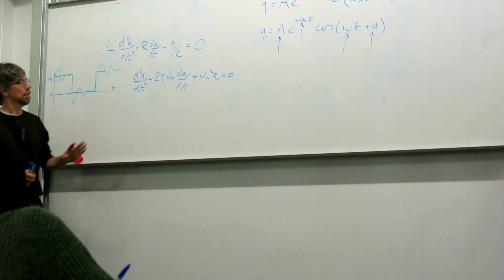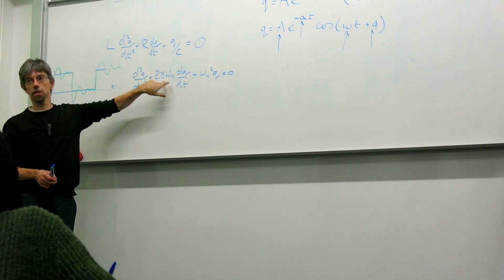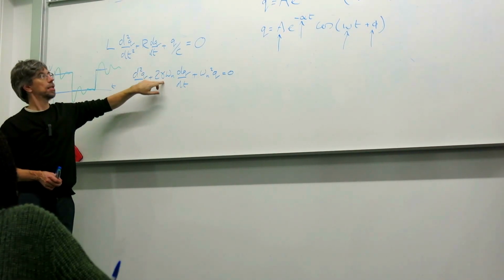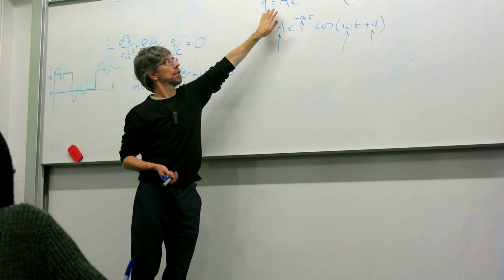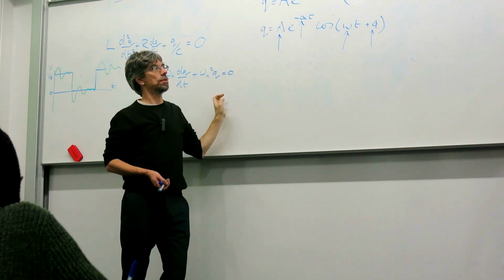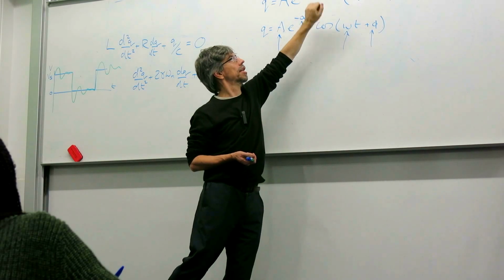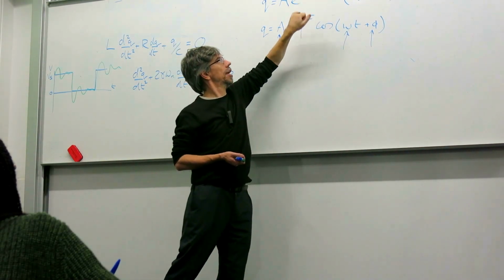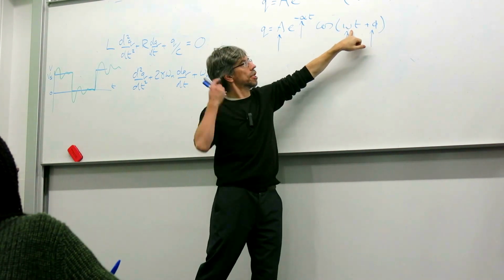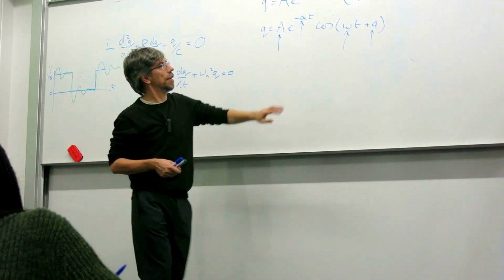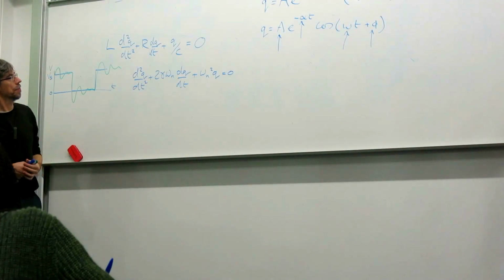Either solve this equation and then identify constants gamma and omega n in terms of R, L, and C. And once you've got your solution, which hopefully will look like that, you can plug gamma and omega n in terms of R, L, and C back in, and then gamma omega n will give you alpha, omega d will be equal to omega. But you would have found these terms in terms of R, L, and C.